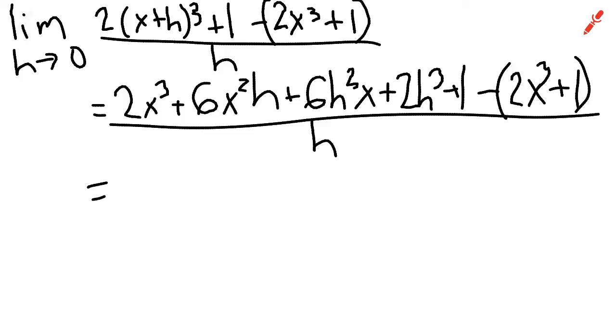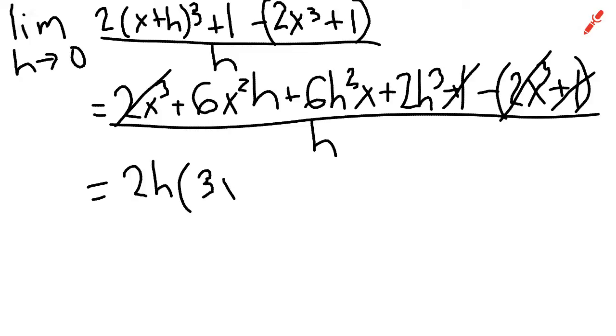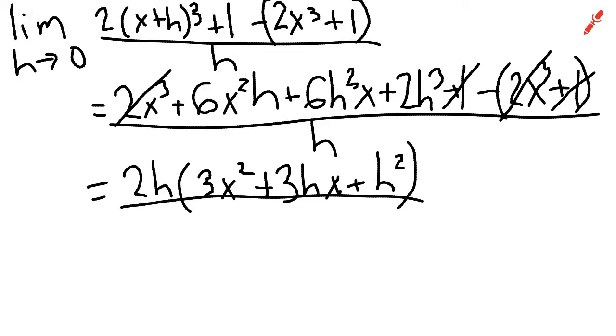We cancel out the 2x cubed. We can also cancel out the 1s, and then on the next step we can factor out the 2h in the numerator, and now we get 2h times 3x squared plus 3hx plus h squared, all that over h.